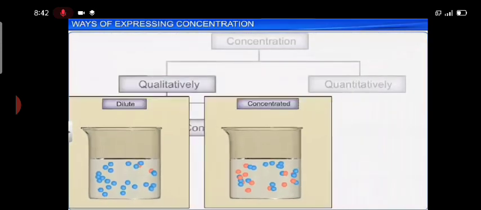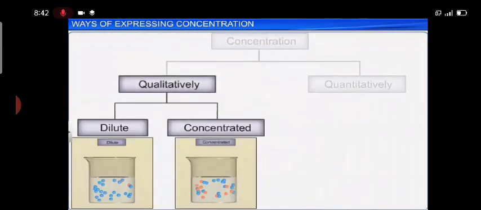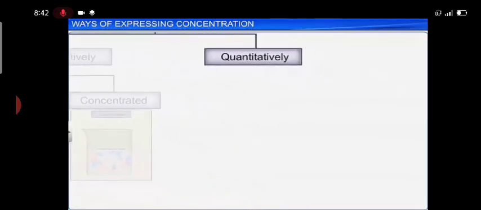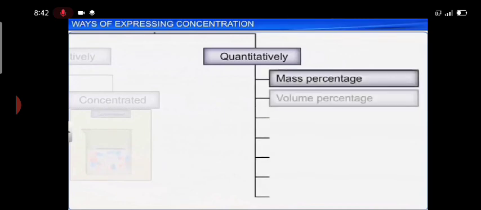This qualitative means of describing concentration, although useful, sometimes leads to confusion, and thus arose the need for a quantitative description of solutions. Quantitatively, the concentration of a solution can be described in several ways.